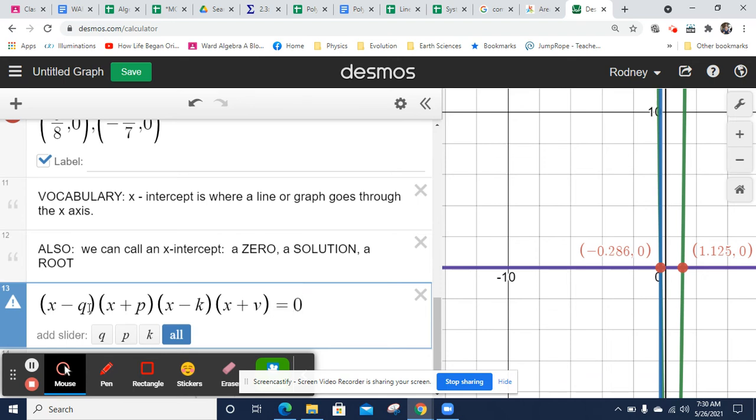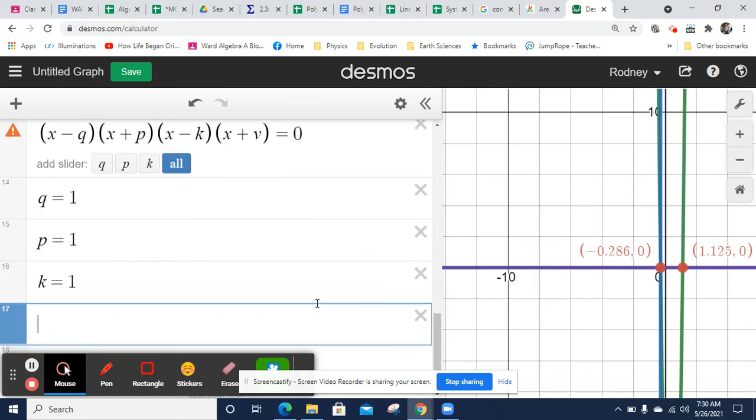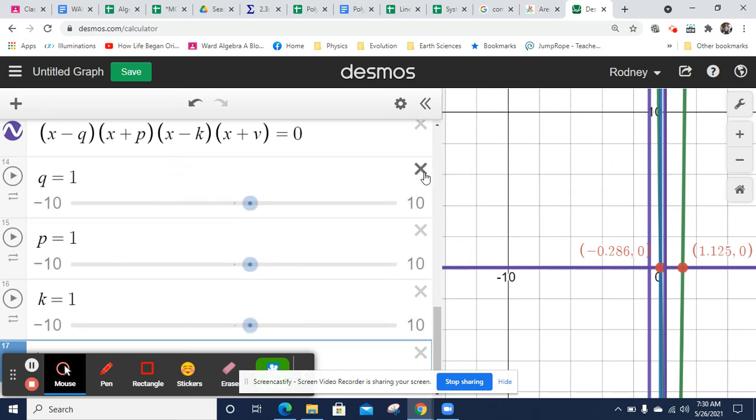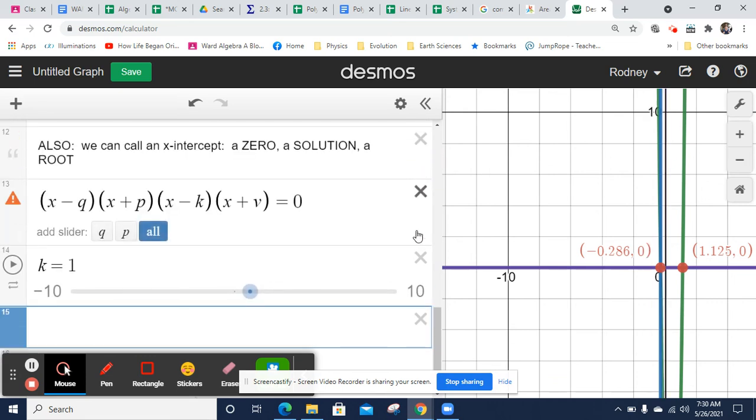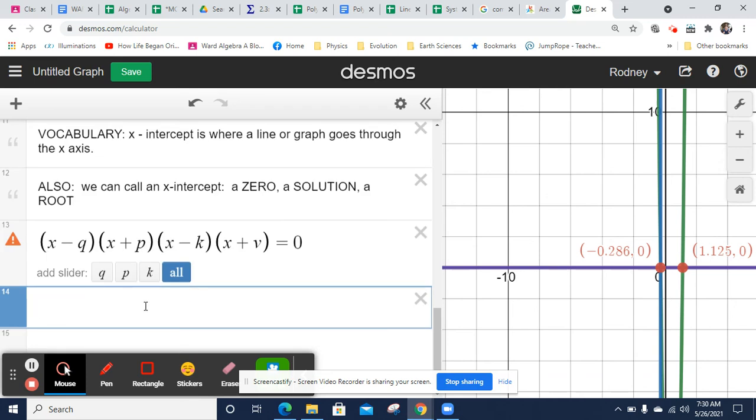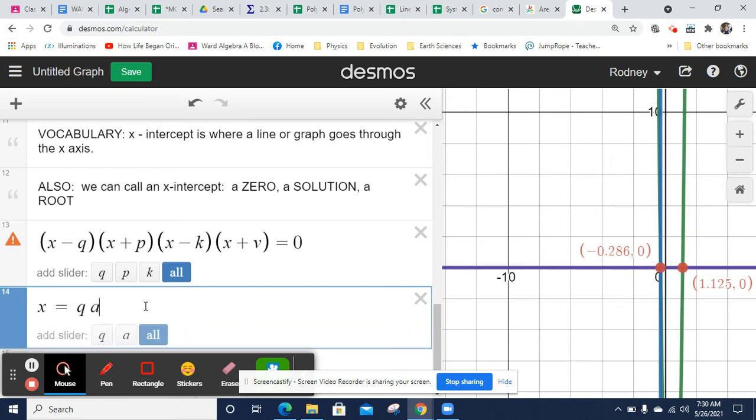Now, I haven't given you numbers, so I'm just giving you letters. But here's the thing. q minus q would be 0. k minus k would be 0. So a couple of my intercepts would be x equals q and x equals k.